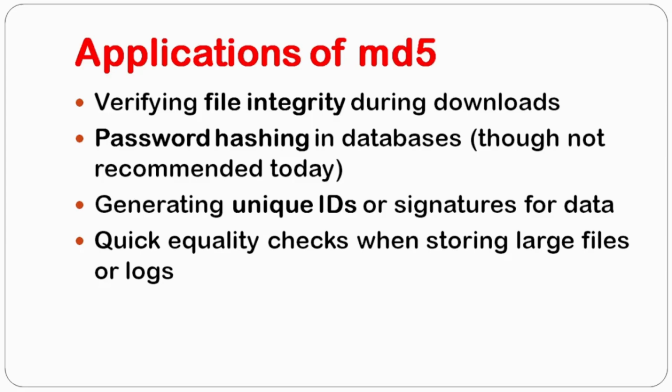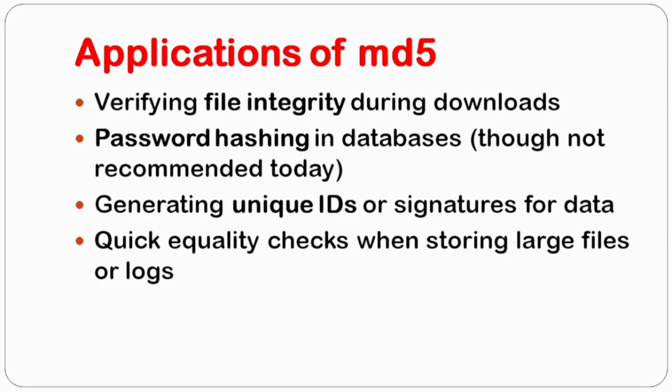However, MD5 is not considered cryptographically secure anymore for modern applications because of different types of collision attacks. But it is still useful for learning purposes and basic data validation.